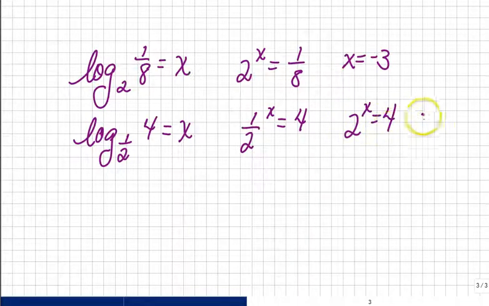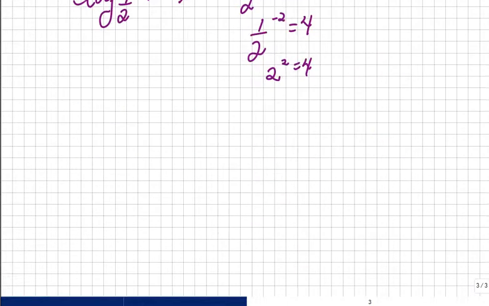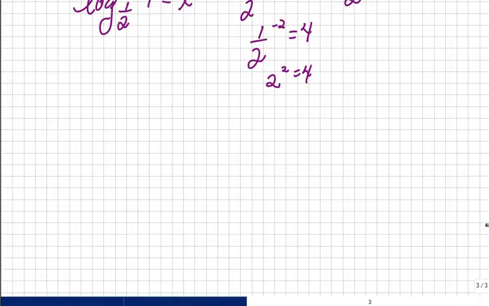Well, that's obviously x equals 2. But since it's a 1/2, that means it's going to reciprocate if you make the power negative, so it would have to be 1/2 to the negative 2 power equals 4. Remember, a negative power, again, reciprocates the base, so it's 2 to the 2 equals 4. So don't let those fractions throw you.